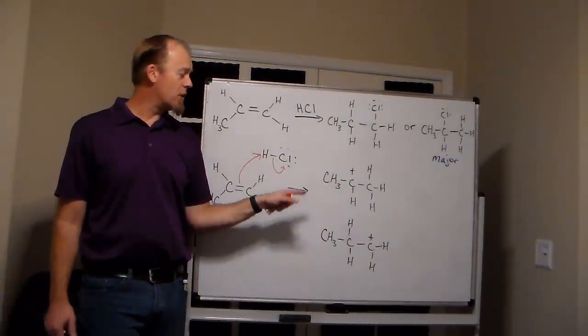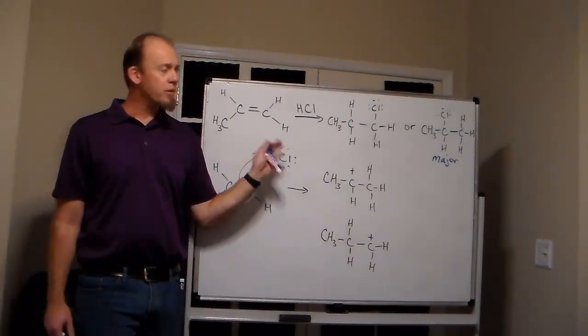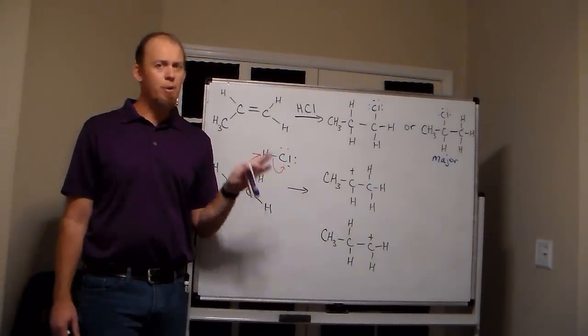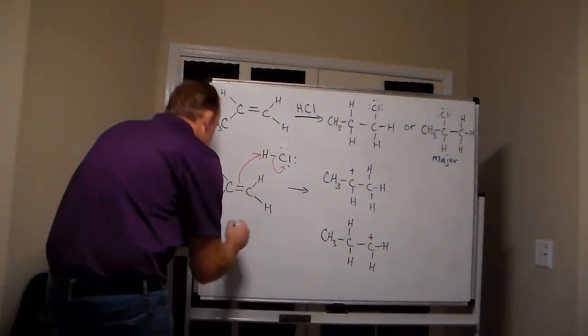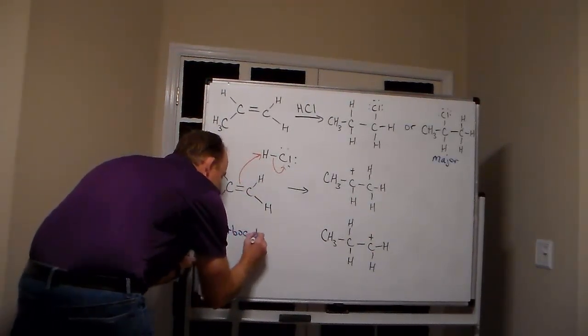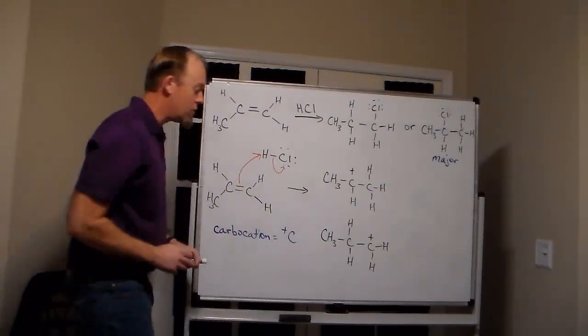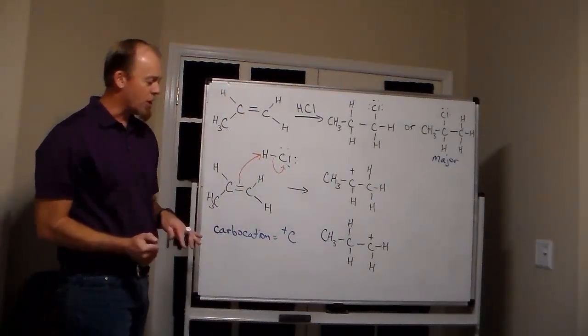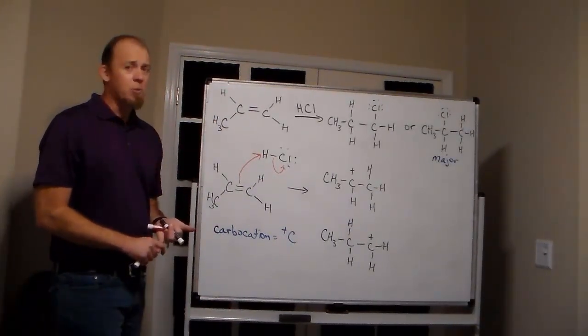So we have to ask ourselves, well, why is one of these better than the other? Well, this comes down to what we call carbocation stability. A carbocation is just simply a positively charged carbon. Not all carbocations are created equally.